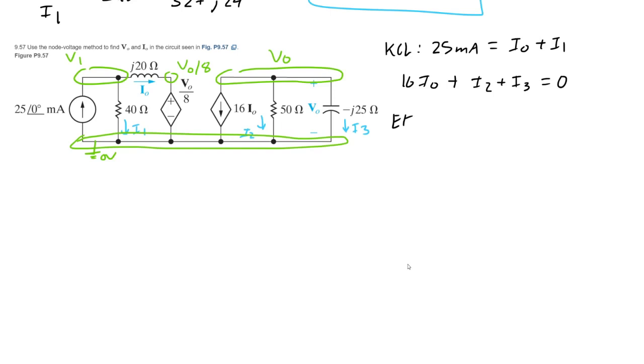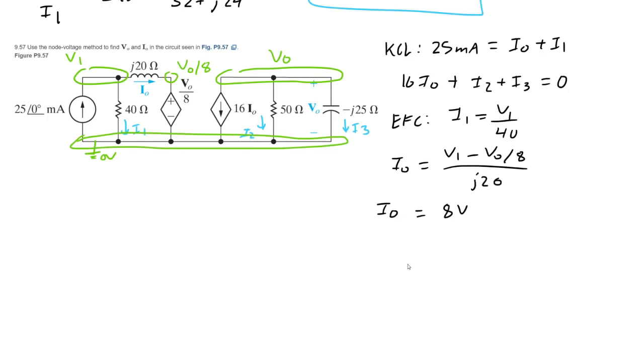And equations for components. I1 equals V1 over 40. IO is going to be V1 minus VO over 8 over J20. I also write it 8V1 minus VO just because I think that makes it a little bit easier.